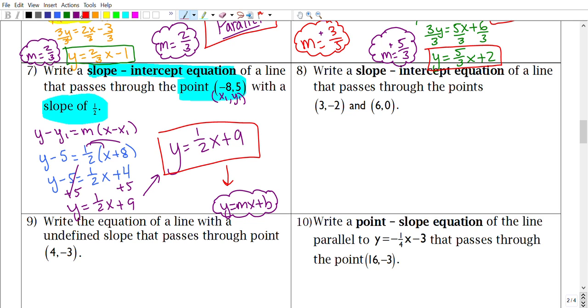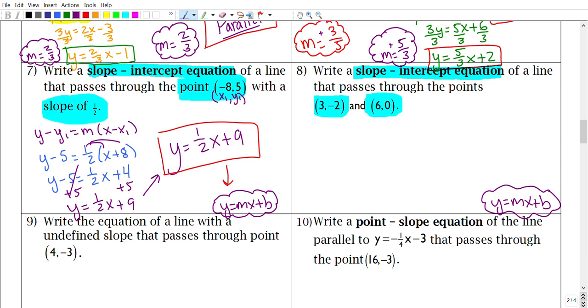It says write a slope-intercept equation, so y equals mx plus b, of a line that passes through the points -3, 3 and -2, 6, 0. So I was not given a slope, I was not given a y-intercept, all I was given was points.